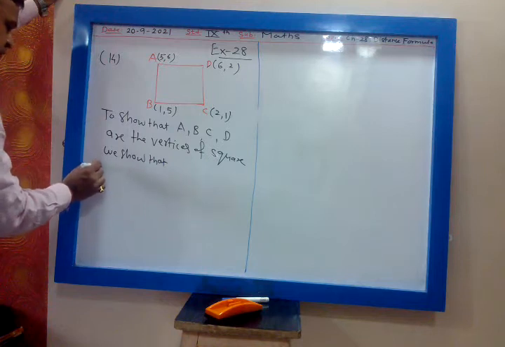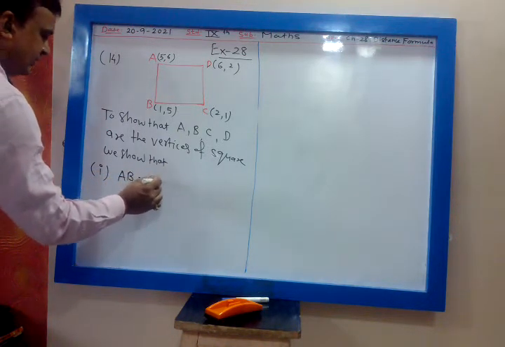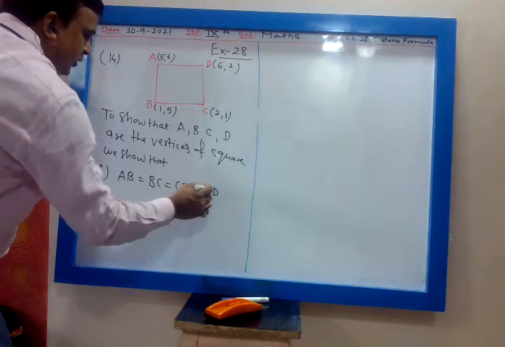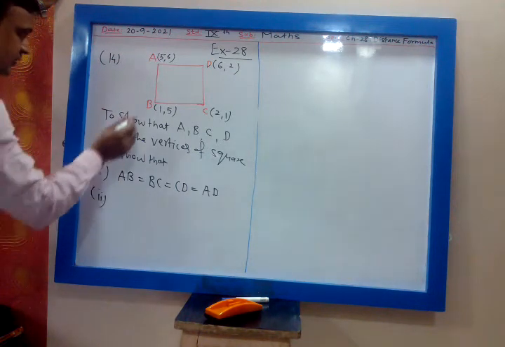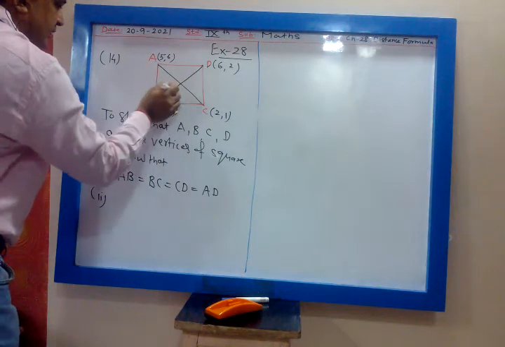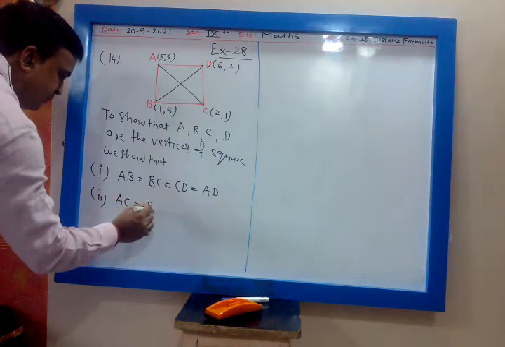First, we show that all four sides are equal, which means AB is equal to BC is equal to CD is equal to AD. Second, we show that the diagonals are also equal. What are the diagonals? AC is equal to BD. We show that AC is equal to BD.